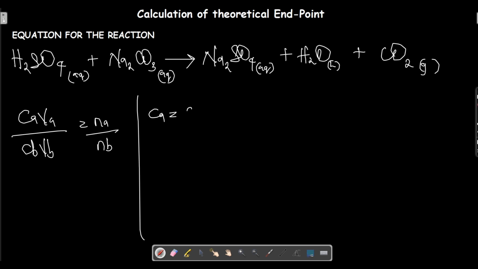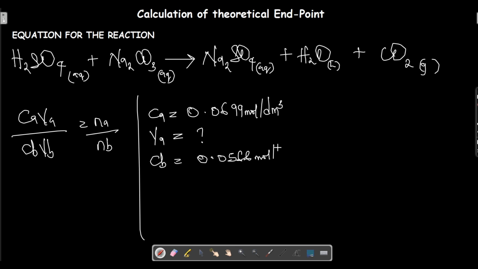Ca is the concentration of the acid, which we got as 0.0699 mole per dm cube, and Va is what we are looking for in this titration, which is the endpoint, the average volume of the acid used, because this is the one that will be in your burette. Our Cb, which is the concentration of the base, is 0.0566 mole per dm cube, and our Vb is the size of the pipette.